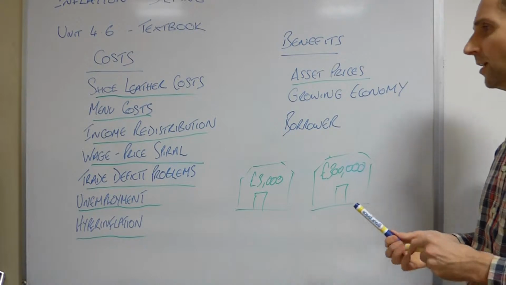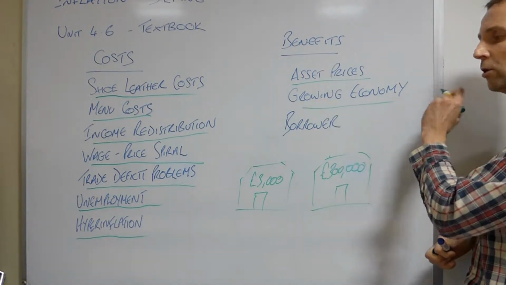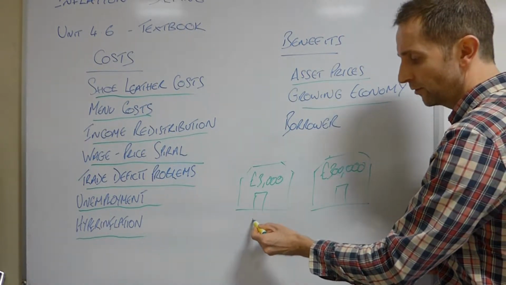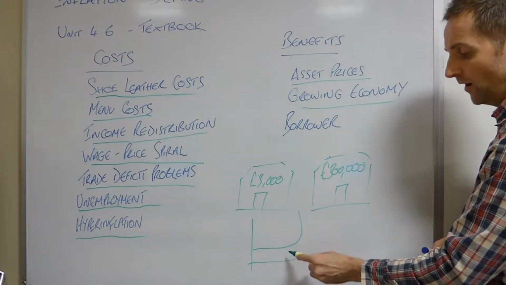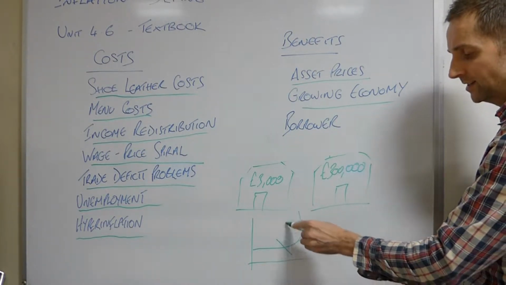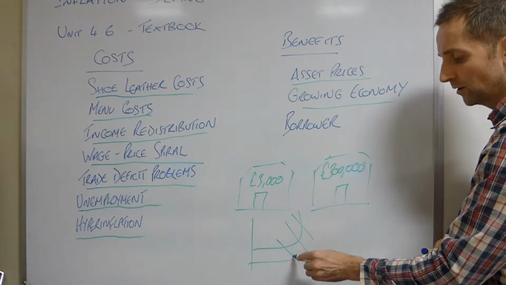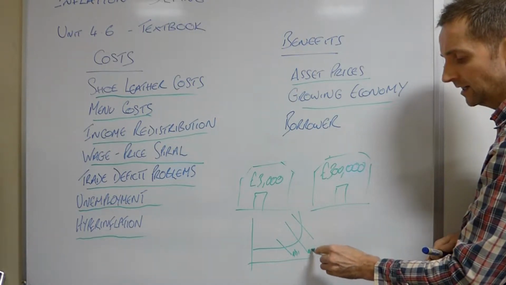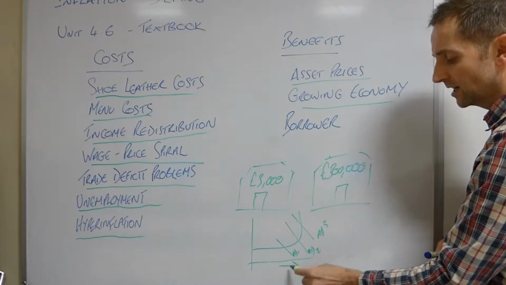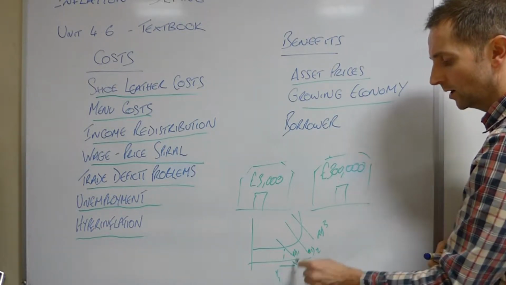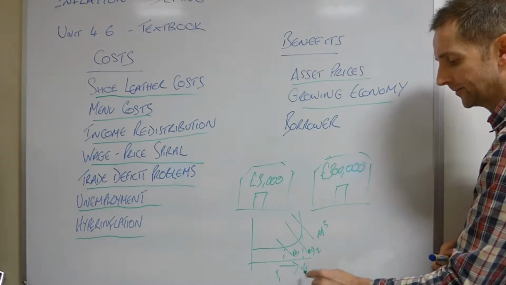Also, inflation can be a sign of a growing economy. You'll know from your studies of macro that as AD moves around the AS curve, so here's AD1 moving to AD2, moving to AD3, we can see that the economy is growing, Y1 round to YF.